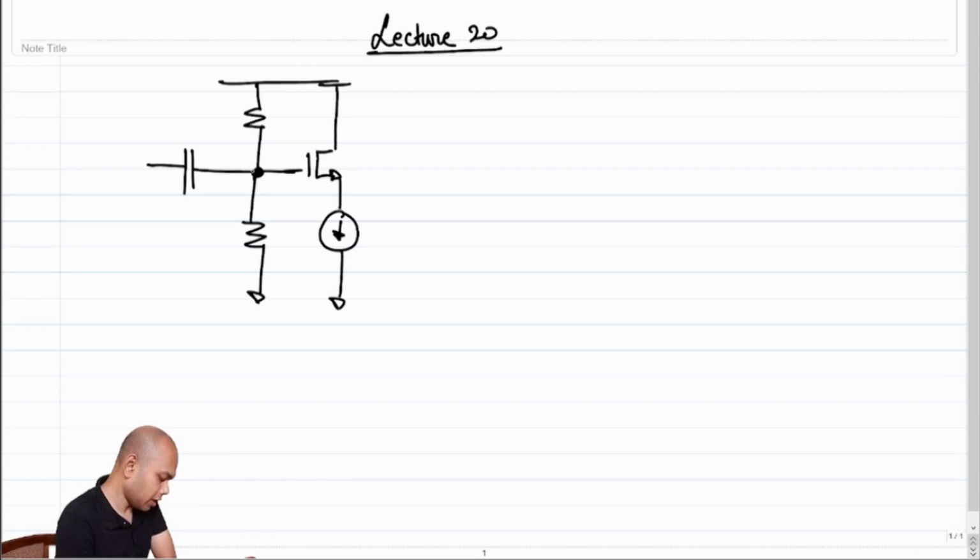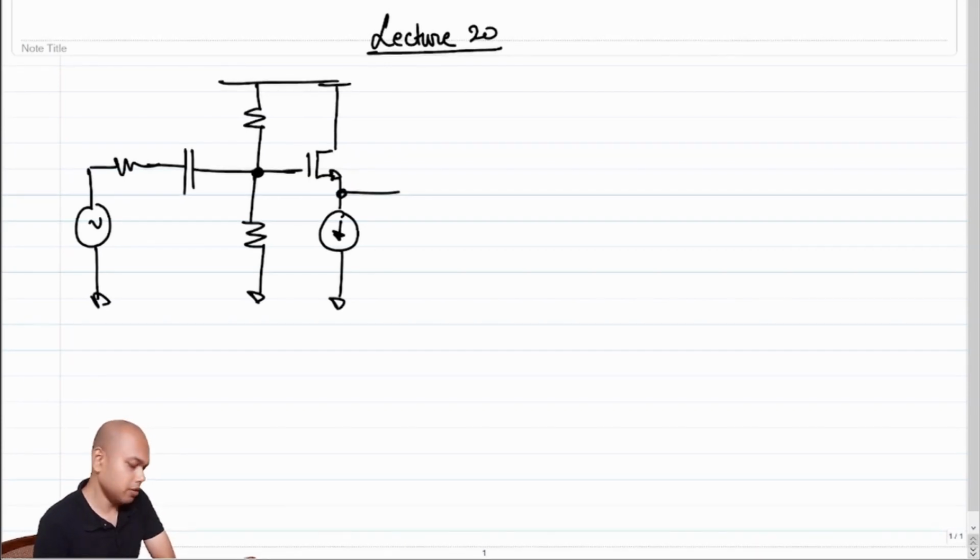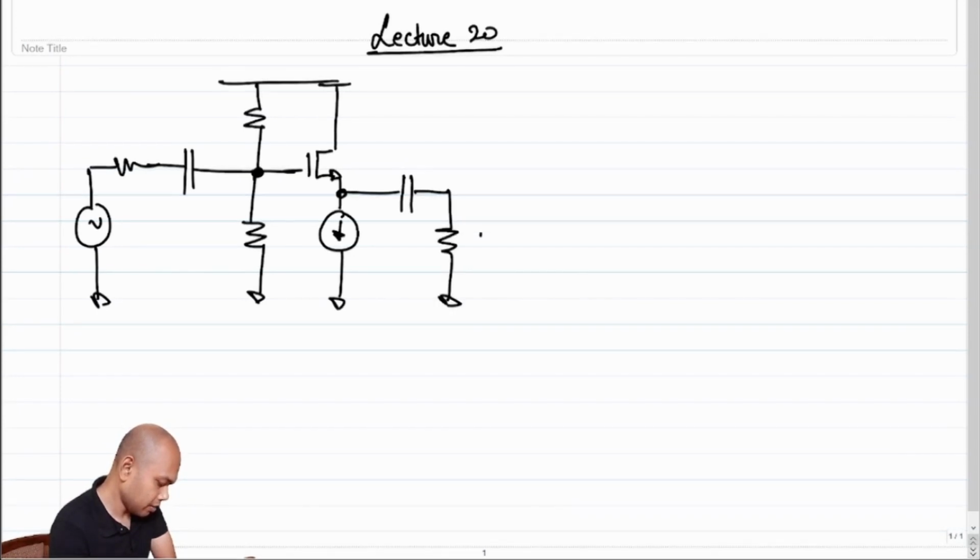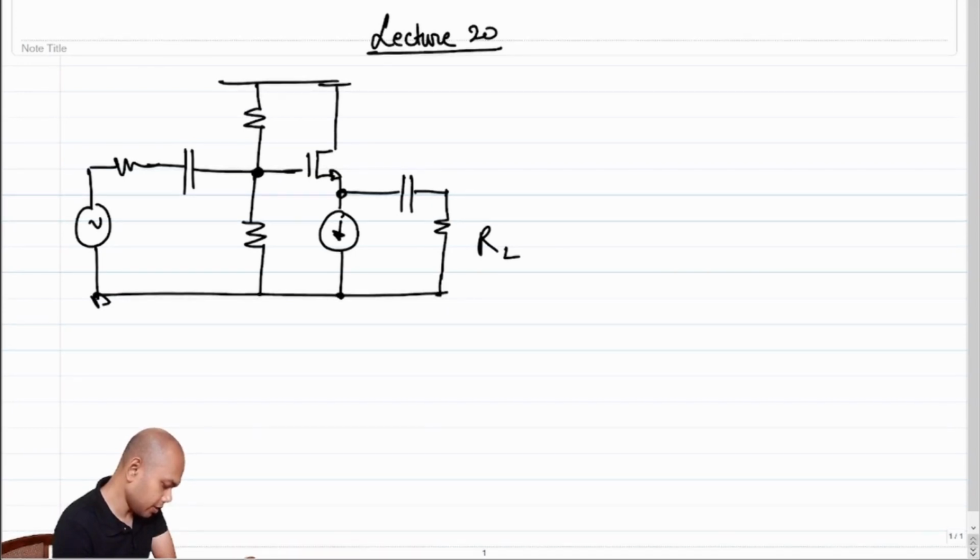One topology was obviously the common source amplifier, and the other topology was to design a common drain amplifier where the load resistance RL is connected to the source, and the drain is incrementally grounded, right?